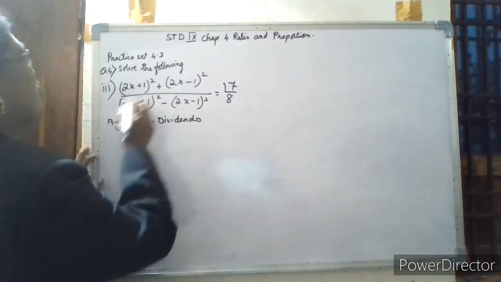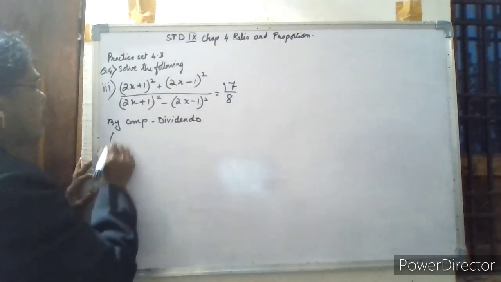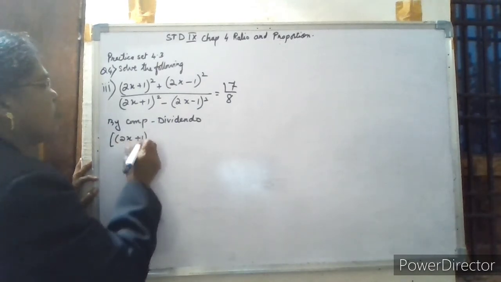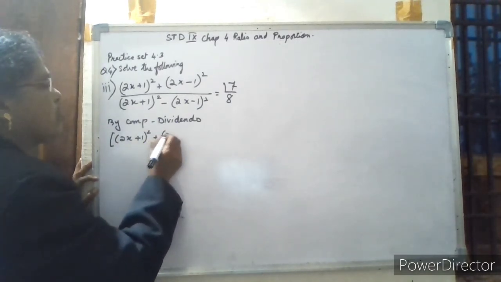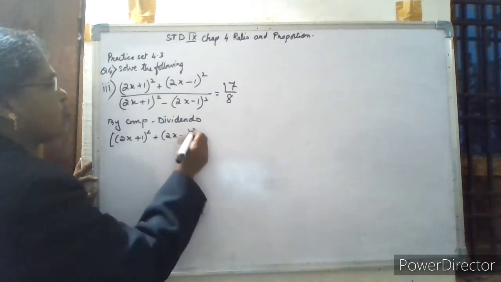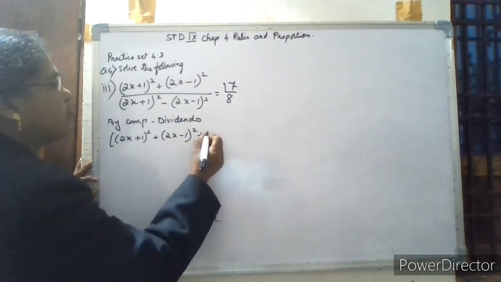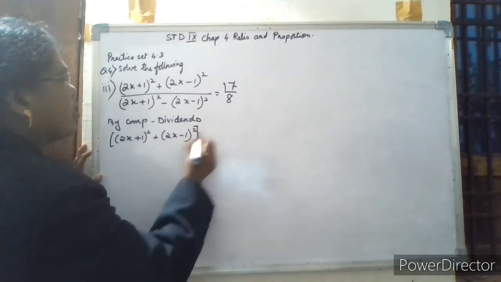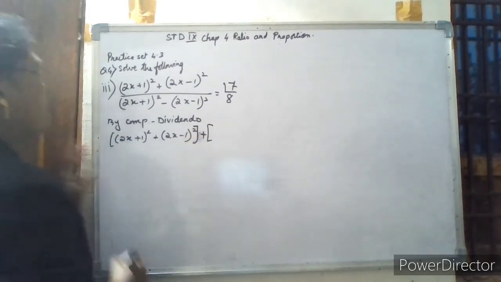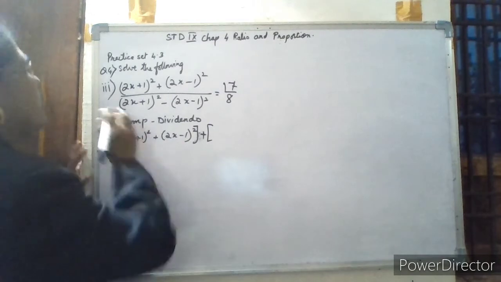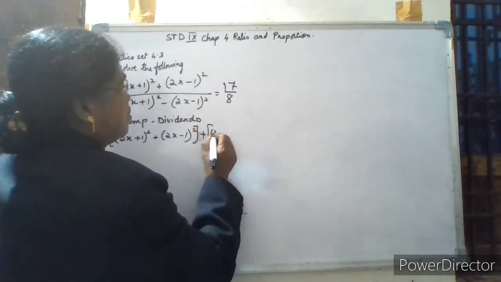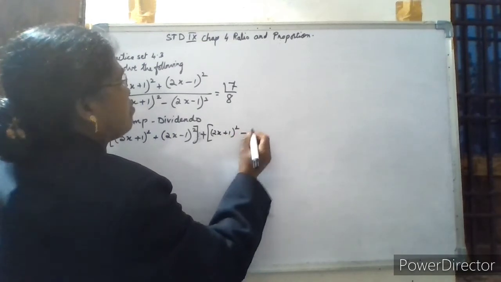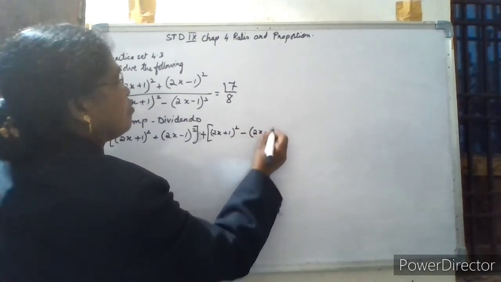Put this whole thing in square brackets: (2x + 1)² plus (2x − 1)², plus, because we are using the plus sign here, componendo. In the denominator write (2x + 1)² minus (2x − 1)².